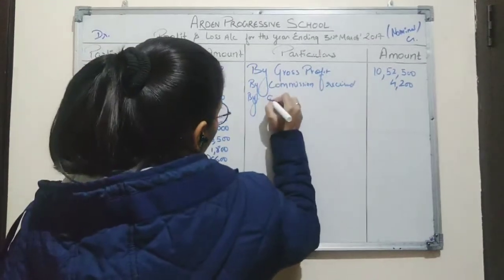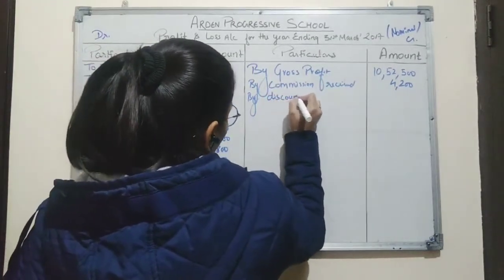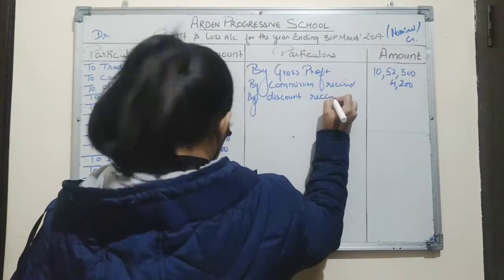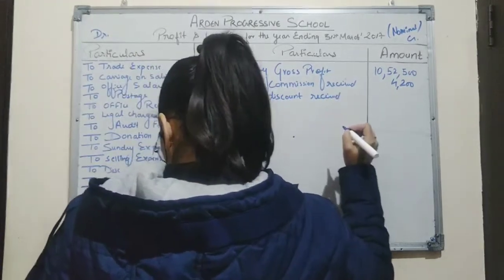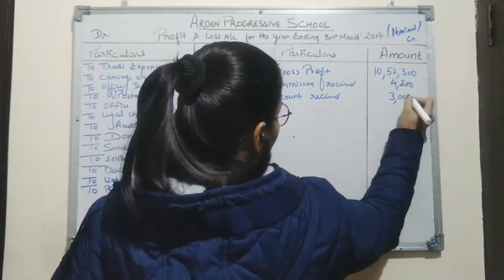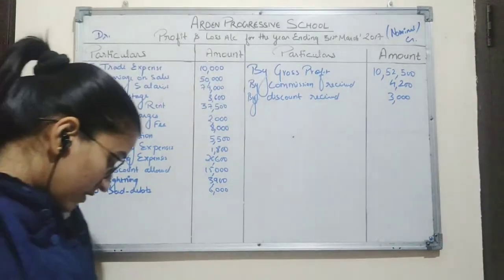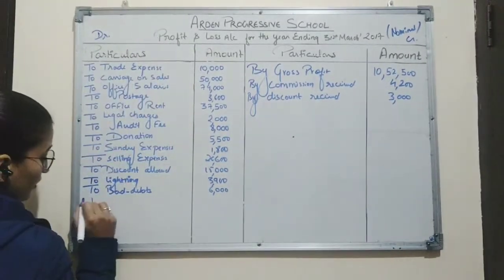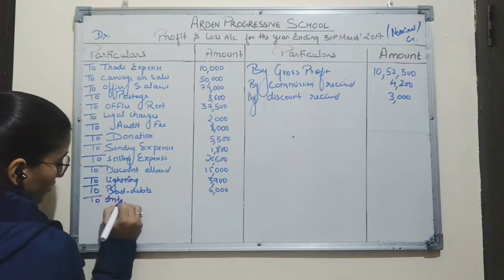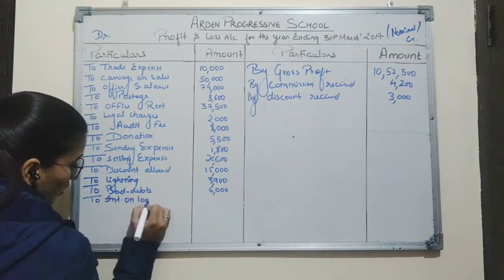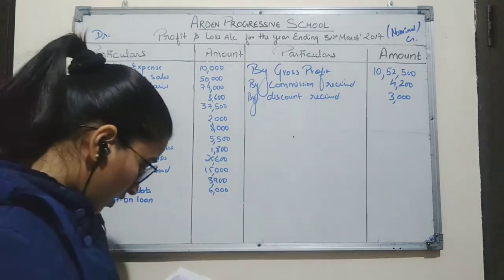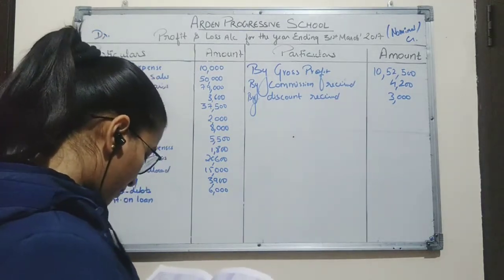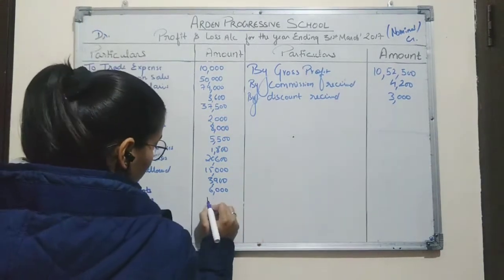So we will record it as by discount received. Amount is 3,000. After this, next expense, interest on loan. To interest on loan. Amount is rupees 11,000.